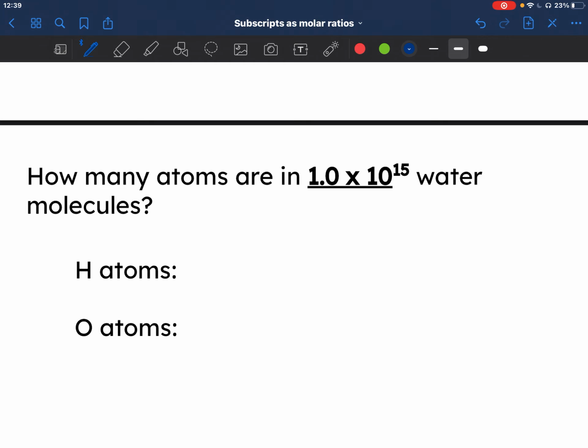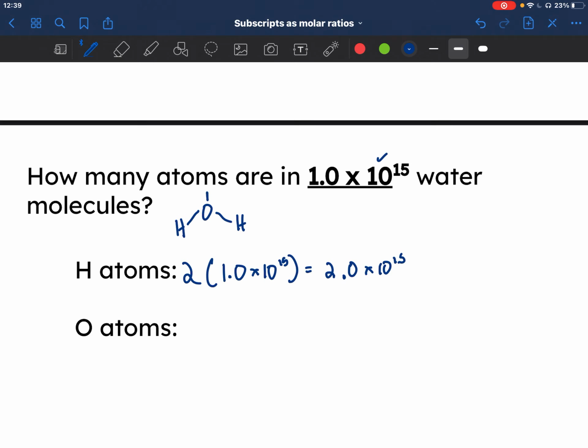How would I figure out how many hydrogen atoms are in 1.5 times 10 to the 15th water molecules? Well, I know in every water molecule, I have 2 hydrogen atoms, so there's 2 hydrogen atoms times the number of molecules that I have. 2 times 1.0 times 10 to the power of 15 gives me 2.0 times 10 to the power of 15.